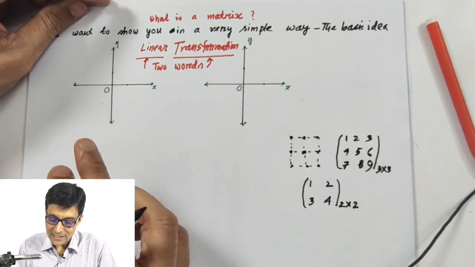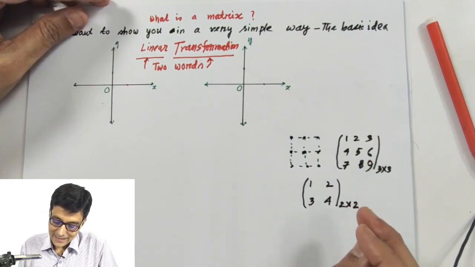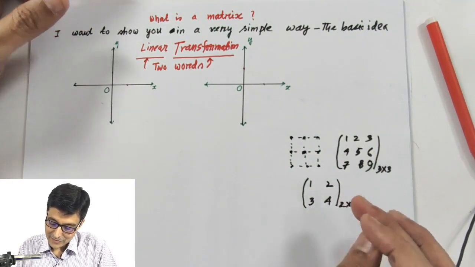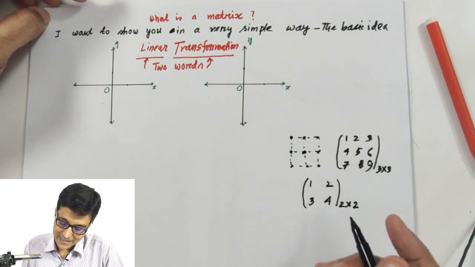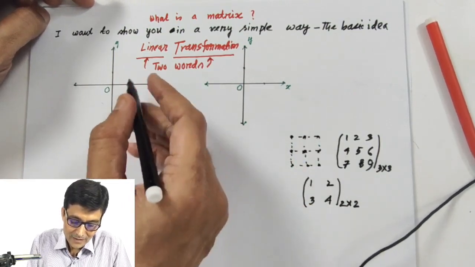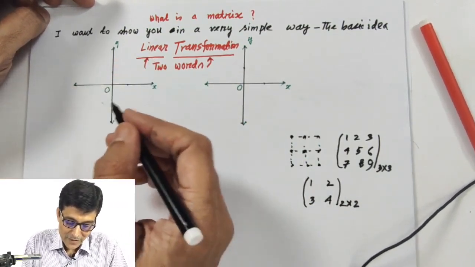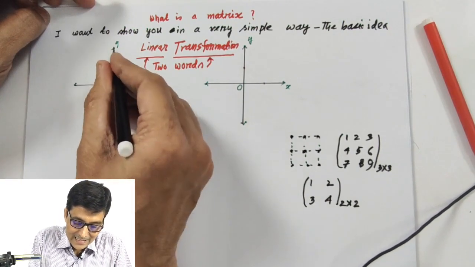But if you go to the geometry of this matrix notation, then you will find that the existence of row and column in a matrix is a little bit obvious. Let us show you the geometry part. In a 2-dimensional flat plane, this is x-axis and this is y-axis.